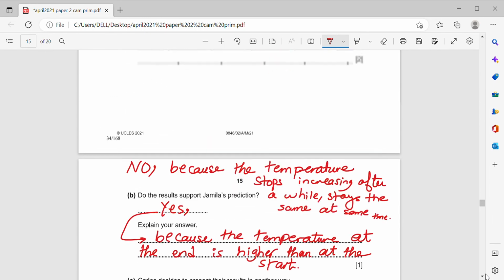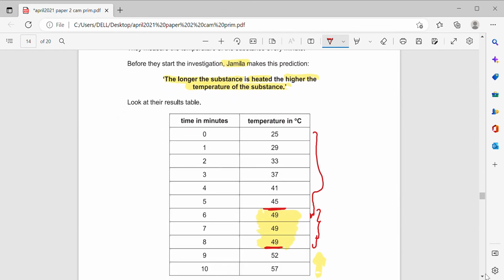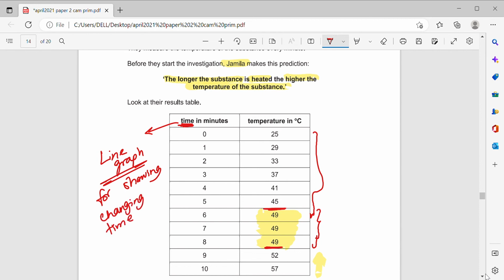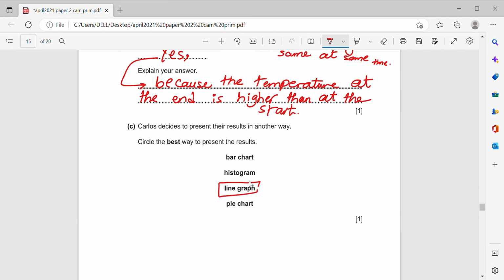To make it easy for you, if you have changing time and anything that changes over time, we go straight to the line graph. The line graph is ideal for showing changing time. Anything that develops over time, we use the line graph. So the answer will be the line graph.